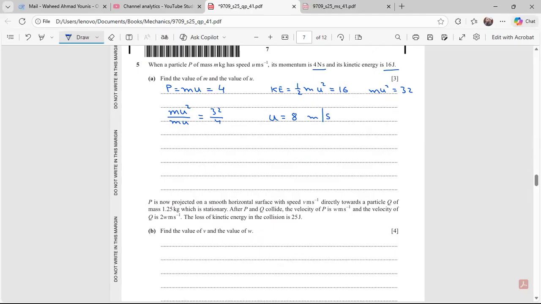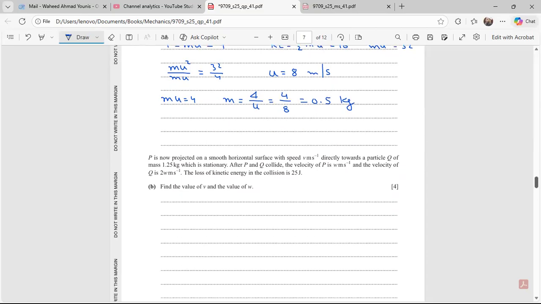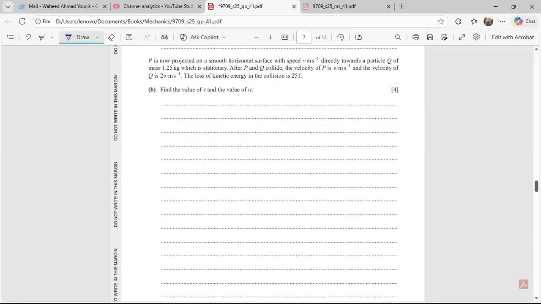And from the first expression, m u is equal to 4. So m is equal to 4 divided by u, and 4 divided by 8 is 0.5 kilogram. Very, very easy question. Now the next B part is a little bit challenging.